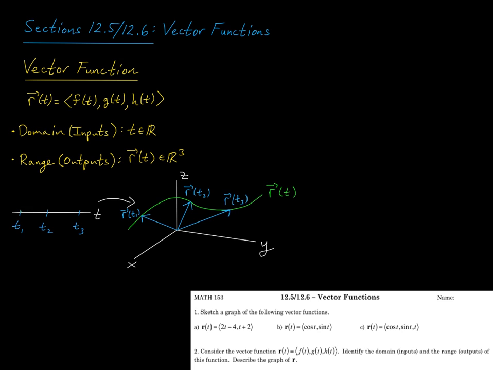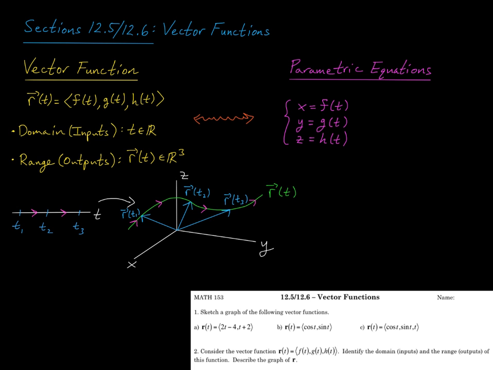So as t increases, from t1 to t2 to t3 on the t axis, the outputs here are position vectors. So there's r of t1, there's r of t2, r of t3. And if we place the tails of these position vectors at the origin, their tips are just describing the location of this object moving, in this case, throughout three-dimensional space.